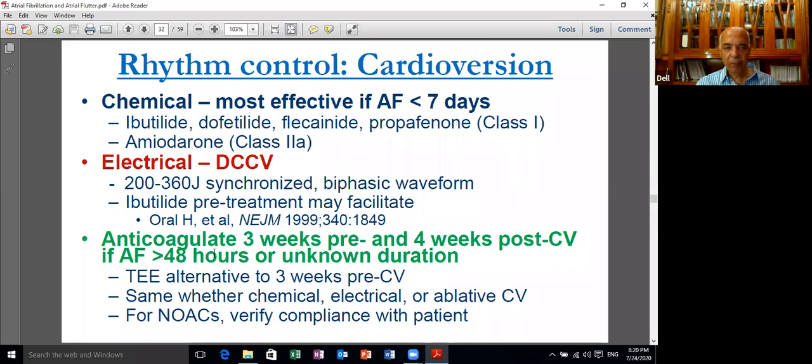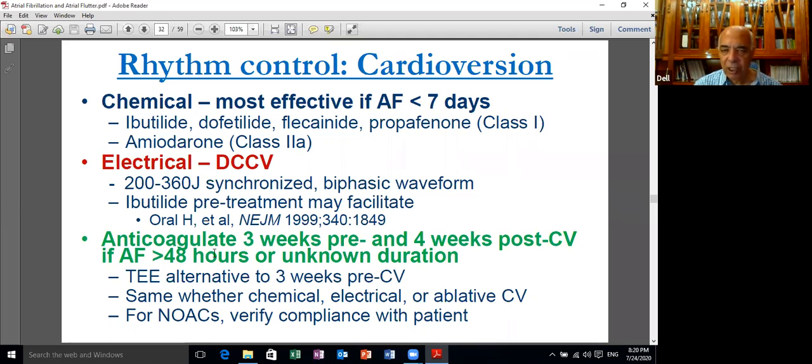But the important point is that the patient should be anticoagulated for 3 weeks before and 1 month after cardioversion, as everyone knows. The alternative is to do a transesophageal echo and make sure that there is no thrombus in the left atrial appendage, but still the patient should be anticoagulated 1 month, or 4 weeks, post-cardioversion. But the most important point, what about after that month?